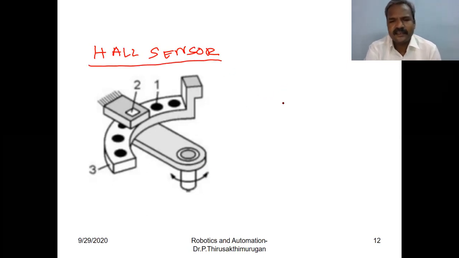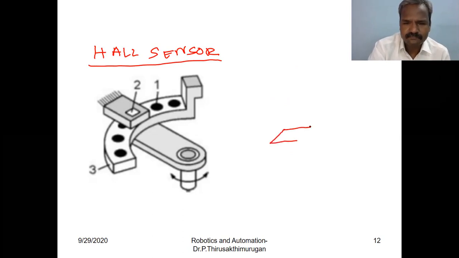Let us consider germanium or silicon, or bismuth. Germanium and bismuth are Hall sensing elements. Consider this a Hall sensing element, maybe germanium or silicon.